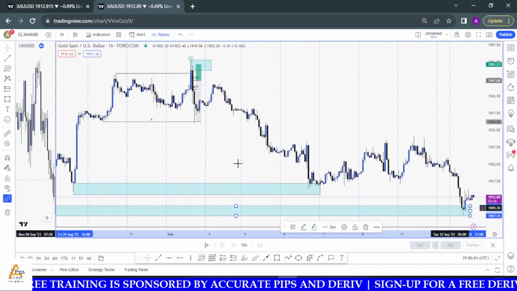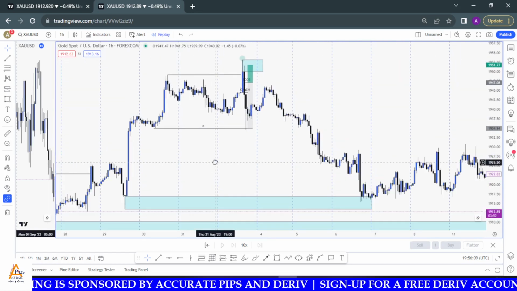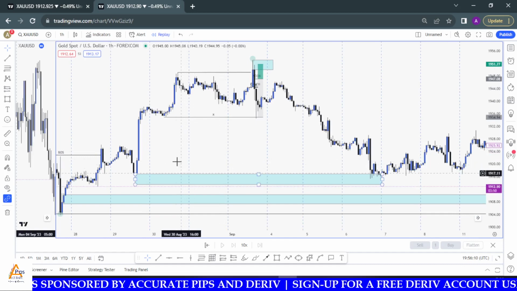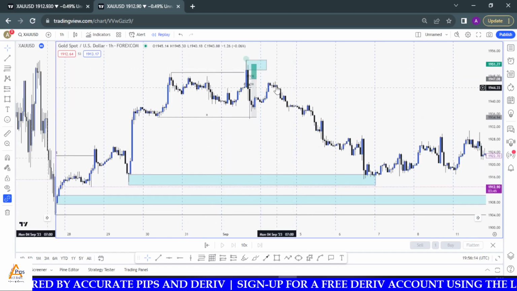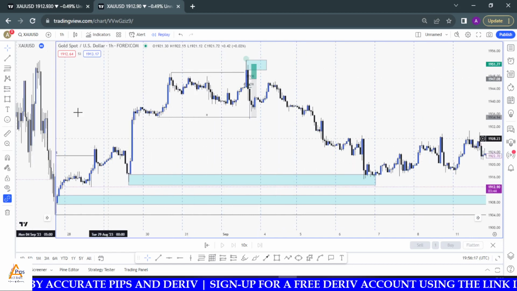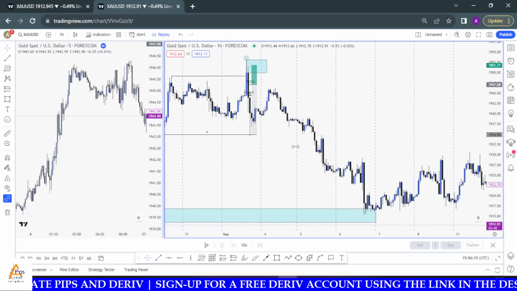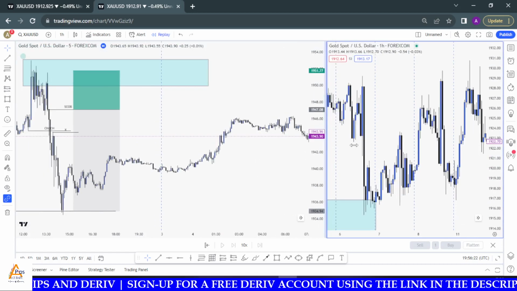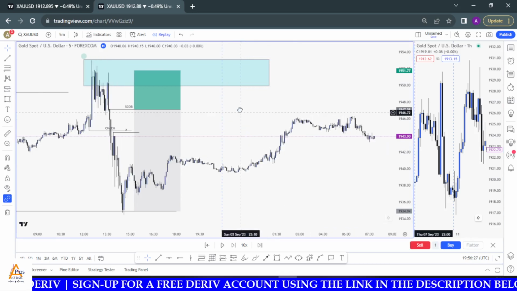As you can see, price have already even tapped on it, and we will get there to see what happens to that. Okay, now we didn't get the scale in over here, so let's go back to the lower time frame. Now that we have identified our various zones on the higher time frame.